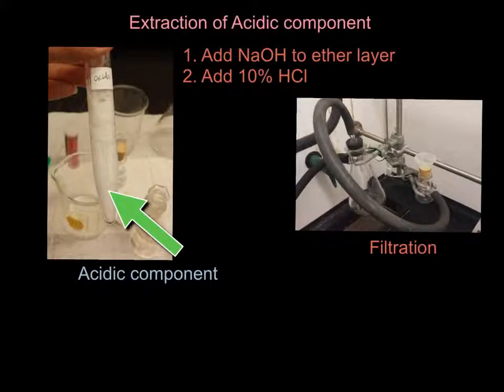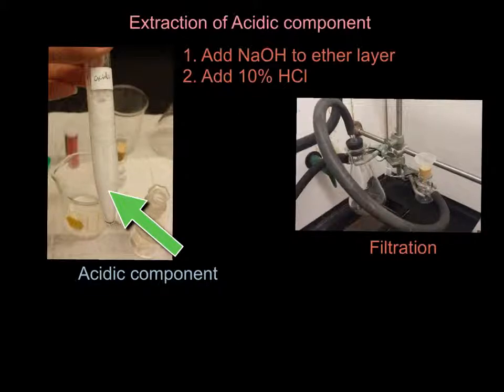Now for the extraction of the acidic component, we take out the aqueous layer from the distilling receiver and deposit it into this centrifuge tube. The aqueous layer with the acidic component in the ionic form was taken out.